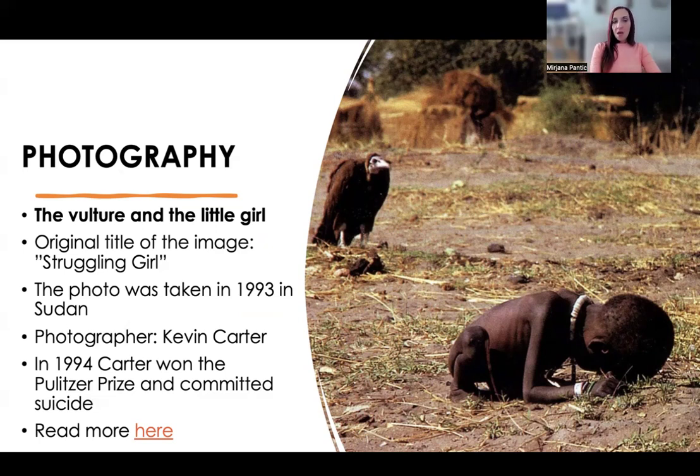In 1994, Carter actually won the Pulitzer Prize, but after that he committed suicide. So I want you to go and read the full story about this photograph, and then you will post an essay in the discussion after you read the story. I just asked a couple of questions that you need to address, so you will find it in classes.